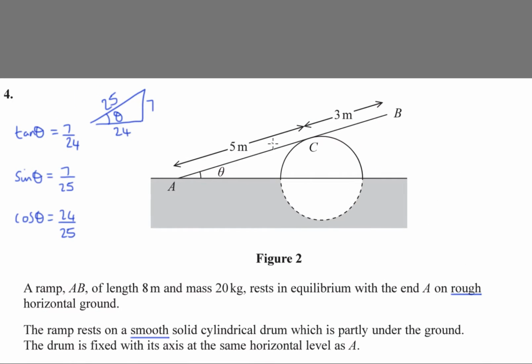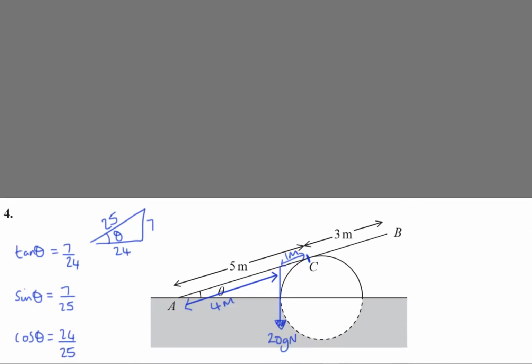The fact that it's uniform means that its weight will be coming from the centre of the ramp, which means this length here is 4 and this length is 1. Let's keep reading.